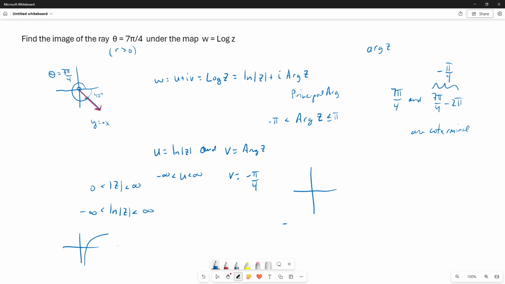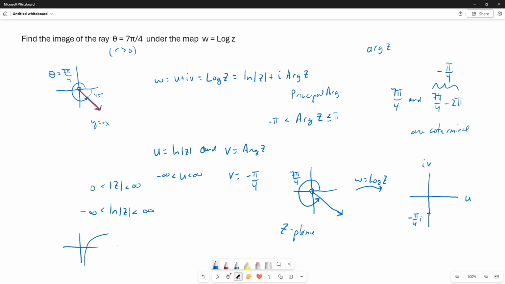So in the Z plane, our domain again is this ray here, with this angle being 7 pi over 4. And then the mapping W equals the principal branch of log Z is going to give us a horizontal line where V is the constant negative pi over 4, so this is the number negative pi over 4 i, and U is anywhere from negative infinity to infinity.